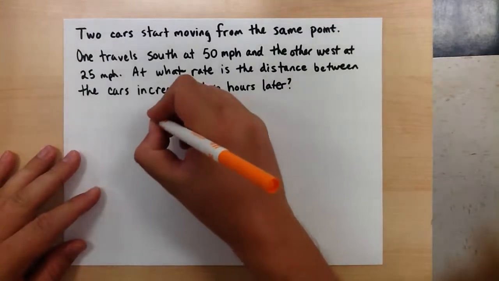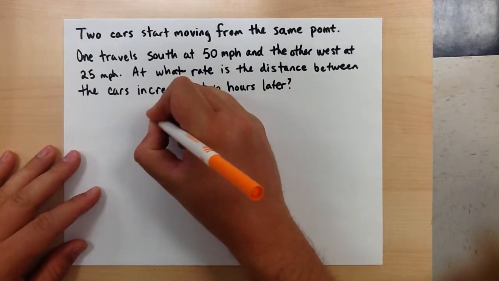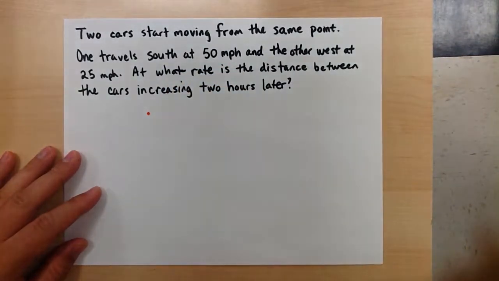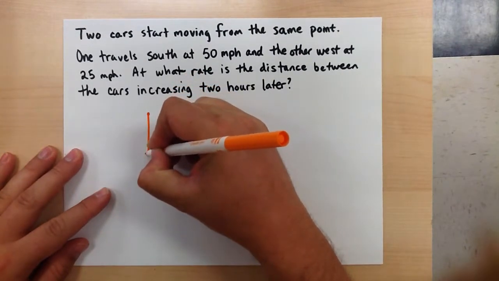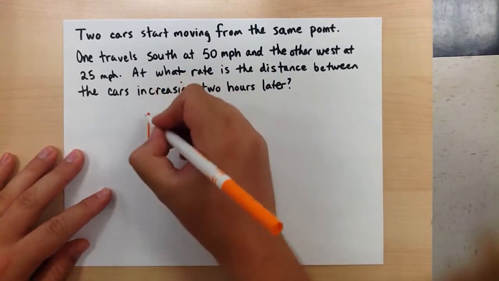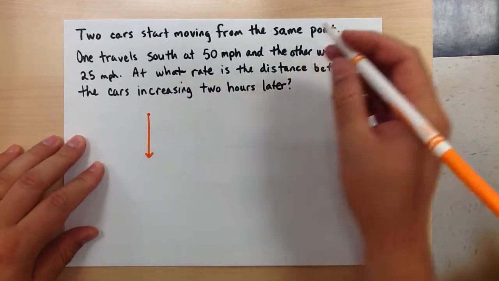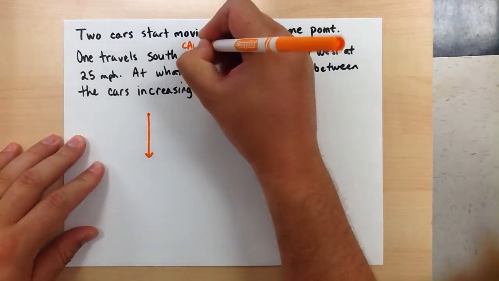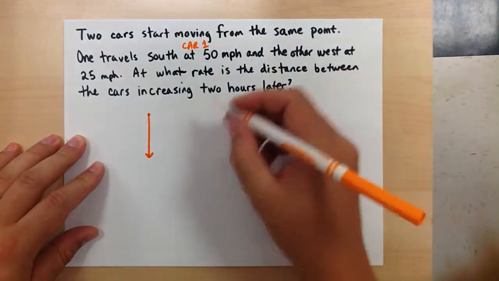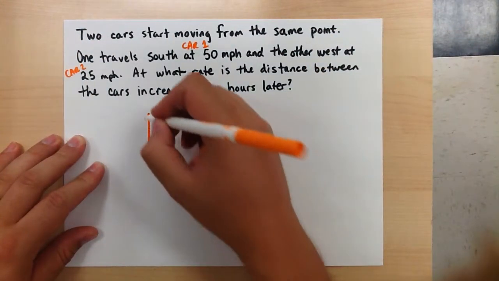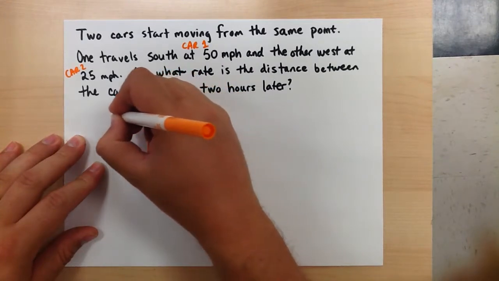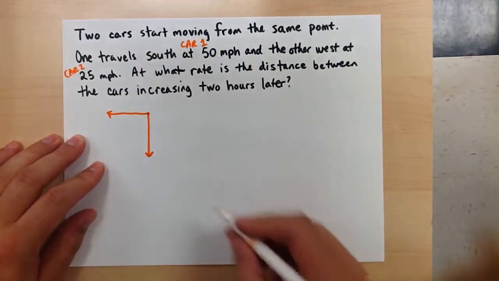And so I got a starting point. I got car 1 heading south. So we'll call this guy car 1. And this guy car 2. So car 1's heading south, car 2 heading west.